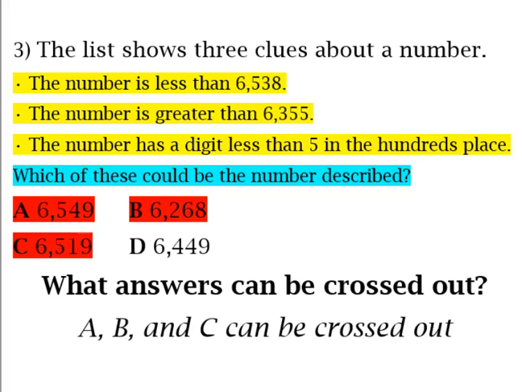The number has a digit less than 5 in the hundreds place. So the only 2 answer choices we have left after the first 2 clues are C and D. Well, in looking at C, actually there is a 5 in the hundreds place. It's not less than 5, so that is how we were able to cross out C. And just like that, we have the correct answer.